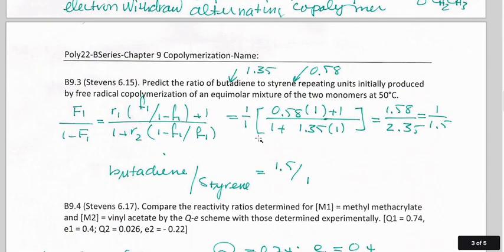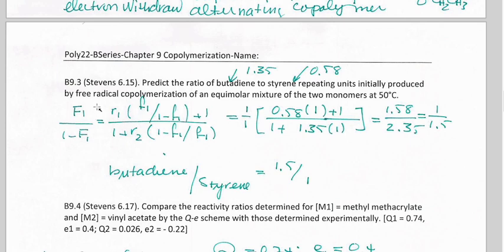So let's go look at some of the formulas we learned in this chapter. We learned two things. I call it big F and small f. The big F is the mole fraction for the product, and a little f or small f is the mole fraction of the feed.